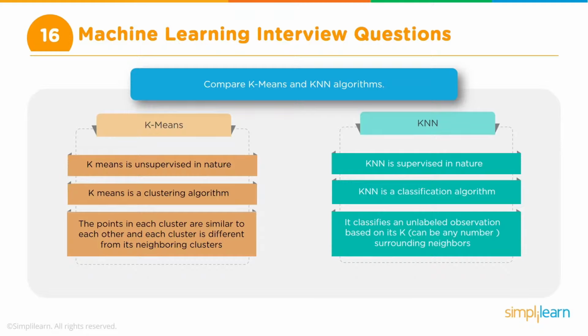Because when you're taking 3 of them, probably 2 of them belong to class 1 and 1 belongs to class 2, whereas when you take 5 of them, it is possible that only 2 of them belong to class 1 and 3 of them belong to class 2. Which means that this object will belong to class 2, right? So you see that the class allocation can vary depending on the value of K.